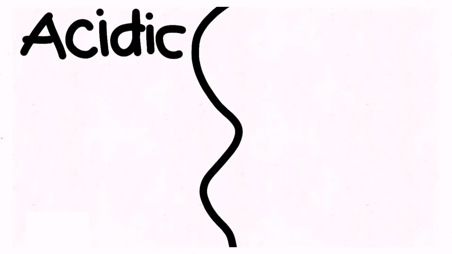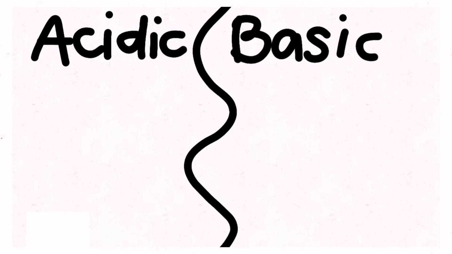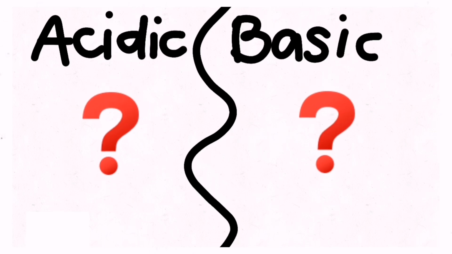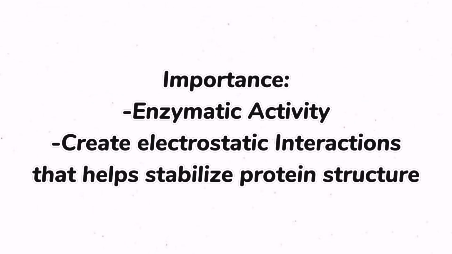Neutral? So does it mean we also have charged amino acids? Yes, these amino acids can be further divided into acidic and basic amino acids based on their side chain charges. They are often important for enzymatic activity and for creating electrostatic interactions that help to stabilize protein structure.